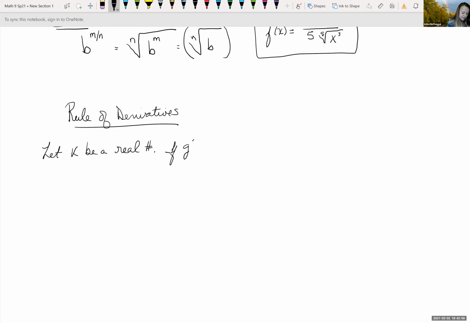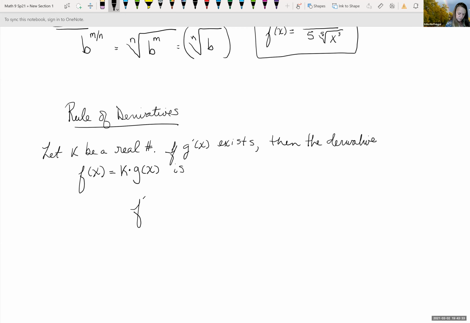If g prime of x exists, then f of x, which is equal to k times g of x, then the derivative of f of x equals k times g of x is f prime of x.